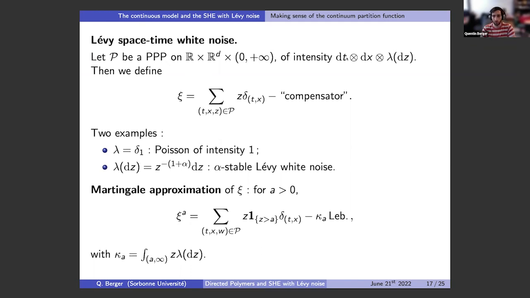But I know there are some results. Carsten Chong has been working on the stochastic heat equation, and there are some kind of iterative schemes to be able to define the solutions for the stochastic heat equation. If you take the non-linearity to be Lipschitz, I think it works more or less the same.